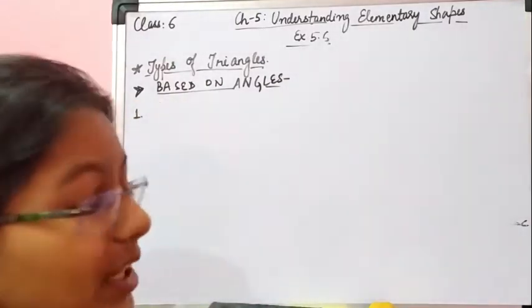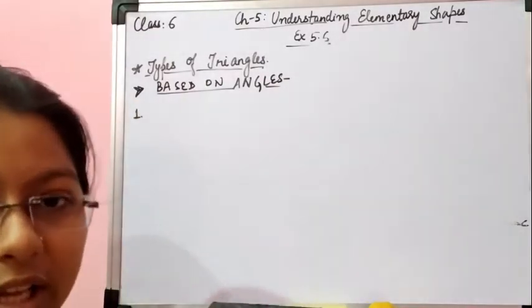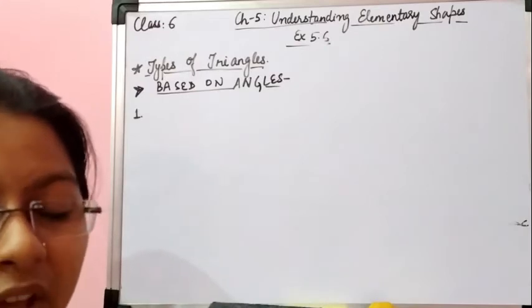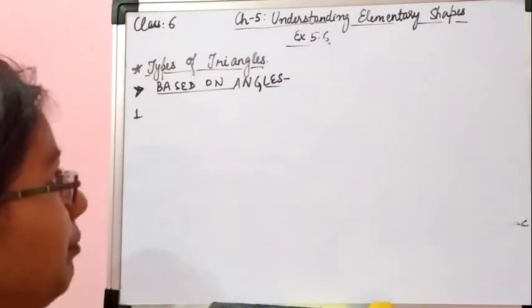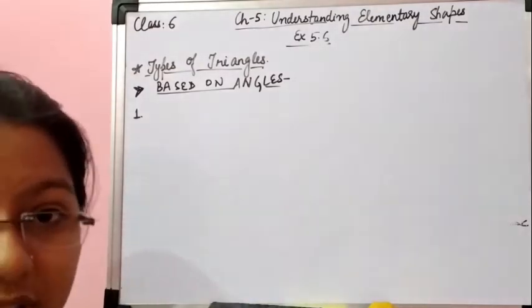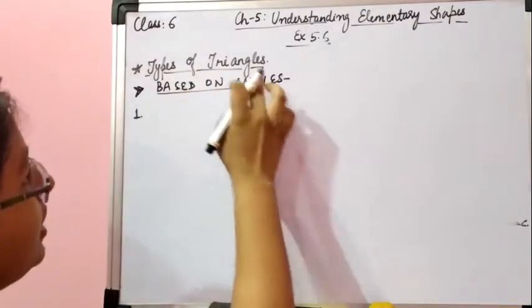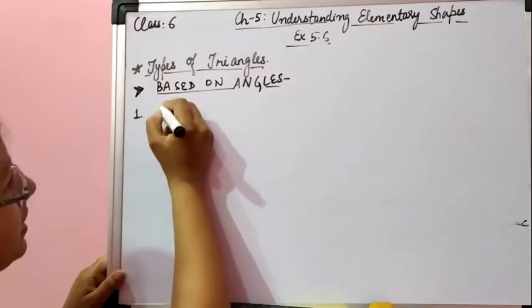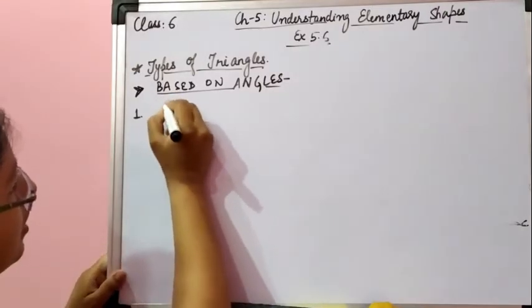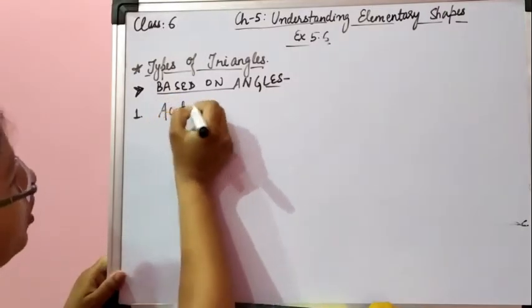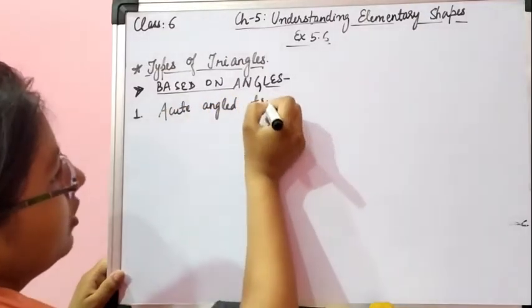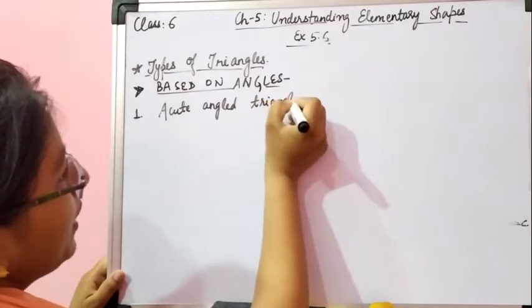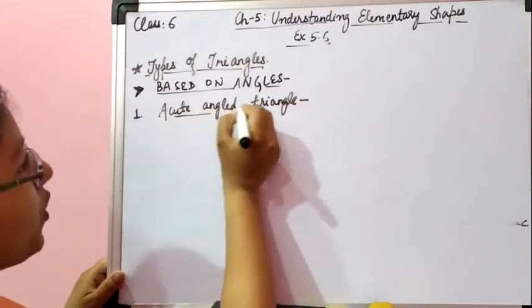We have read about different types of angle: acute angle, obtuse angle, right angle, straight angle, reflex angle and complete angle. On the basis of those angles only, we have three types of triangle. The first one is the acute angled triangle. What happens in an acute angled triangle?